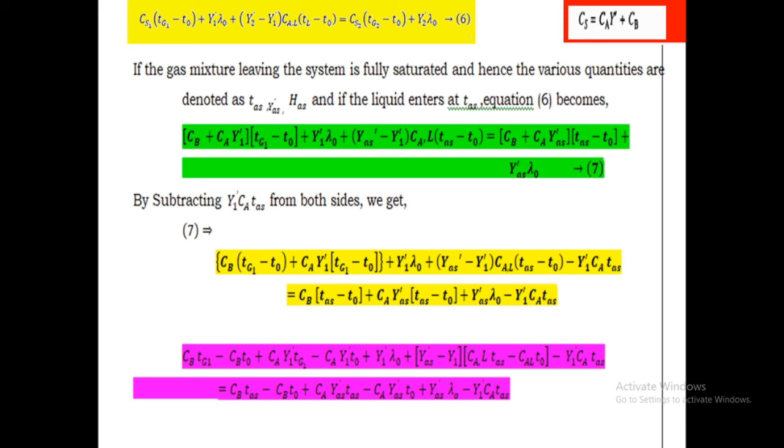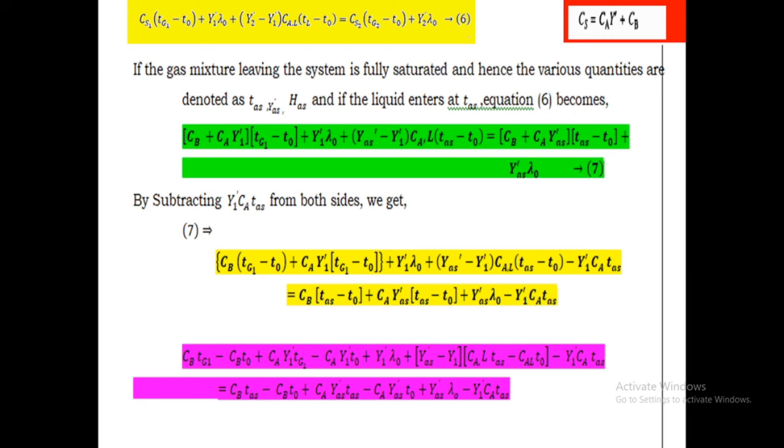What do you do here? The same expression here. What is the CS? CS is nothing but, again, humid heat. So we have to use here the humid heat expression instead of CS. So CS is equal to Cb plus Ca into the second condition, meaning Y2 dash. So here Y2 dash is replaced by Y dash AS.